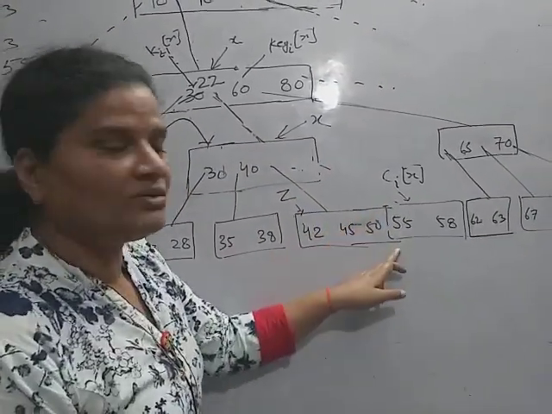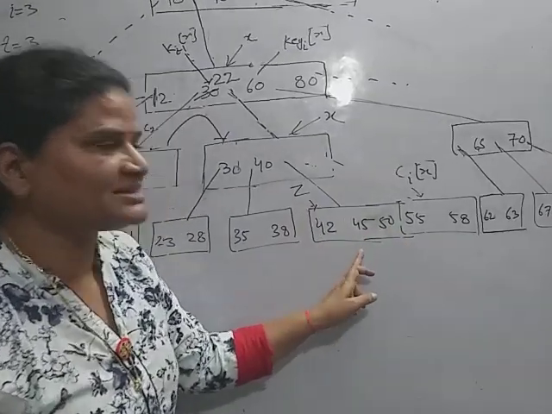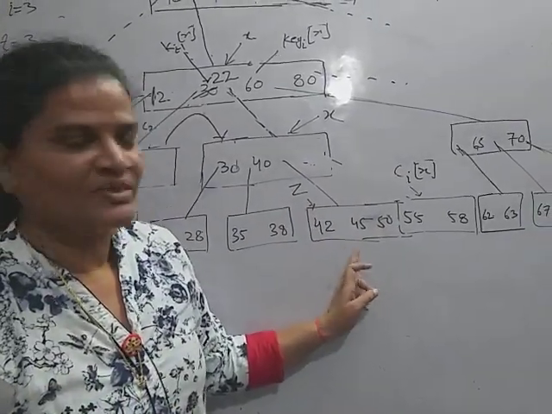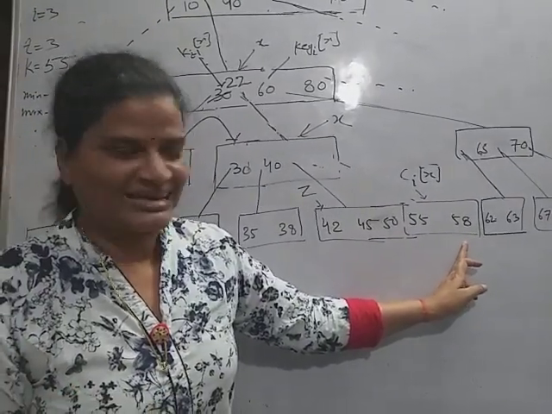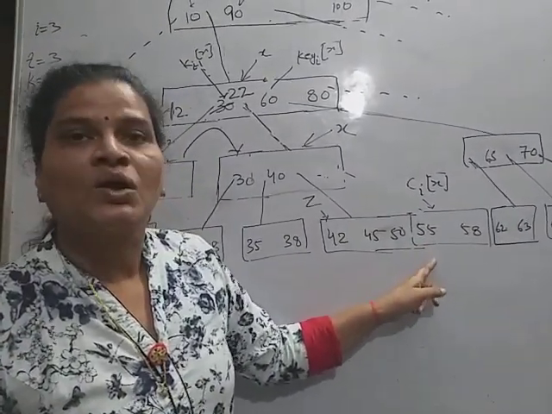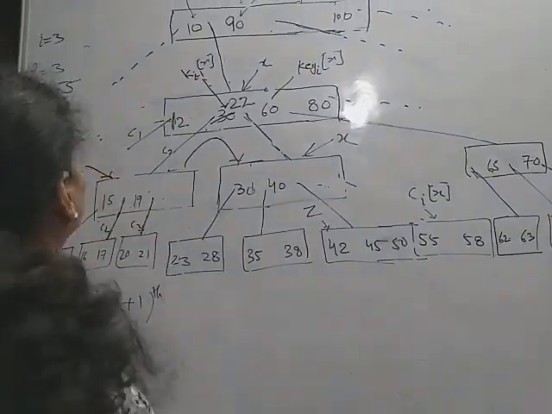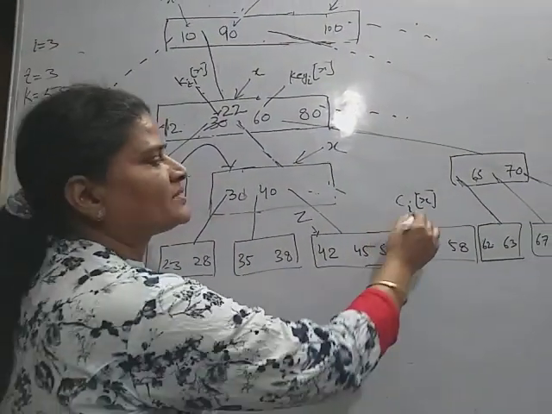So now the CIX node is full. It contains 2T minus 1 keys. Now recursively call the procedure to delete K, 55, from CIX.